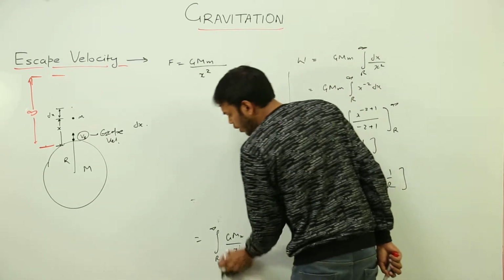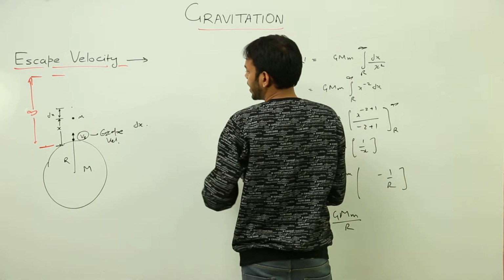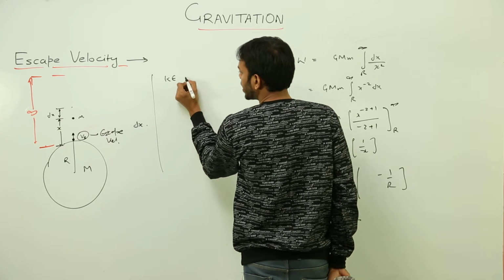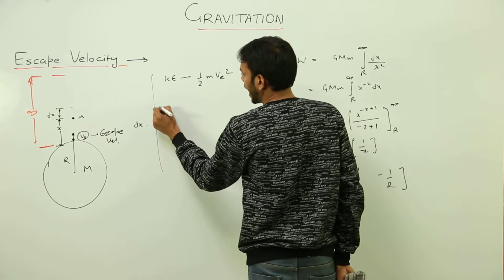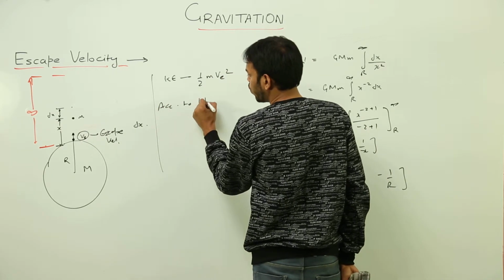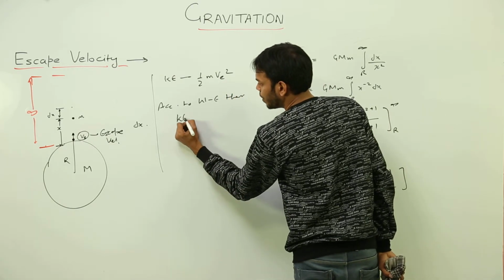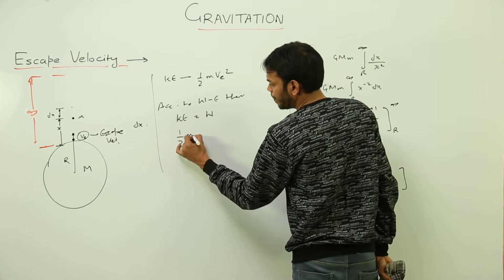So basically we are using the work energy theorem. Kinetic energy associated with the body is half m Ve square.